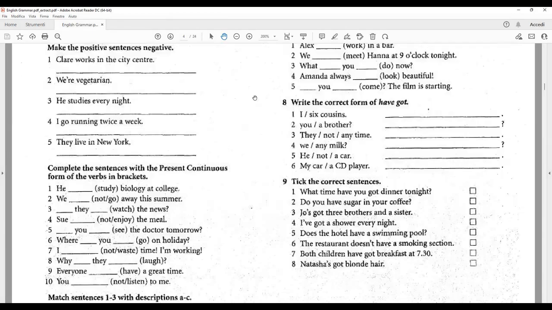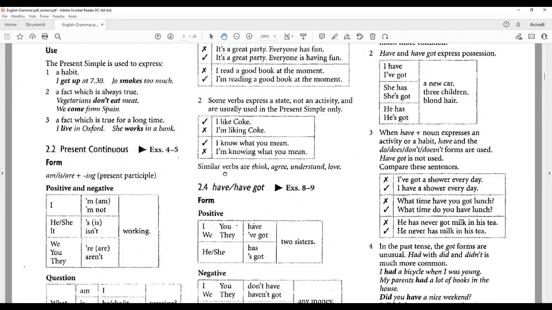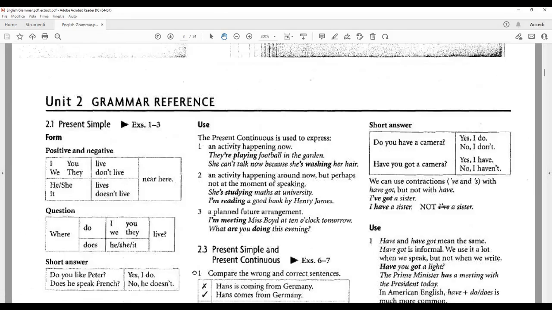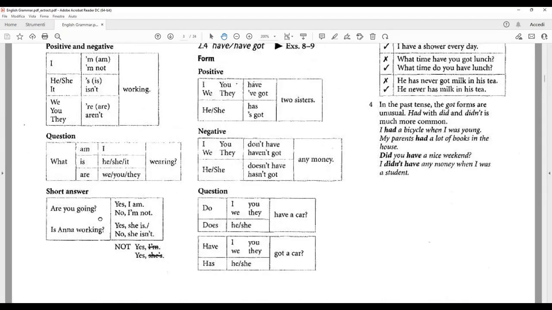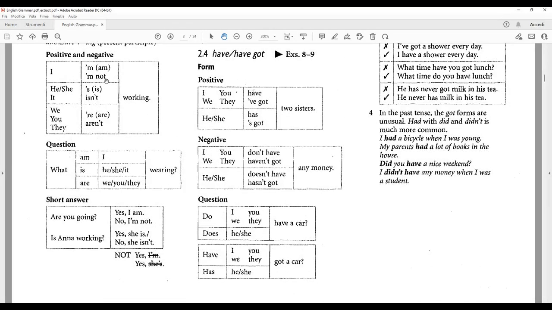Però, while the present continuous was with the verb to be, is working. So am, is, are. Ecco qua, questions or positive, am not for negatives, isn't for third singular person, he, she, it, or are not for we, you, they.